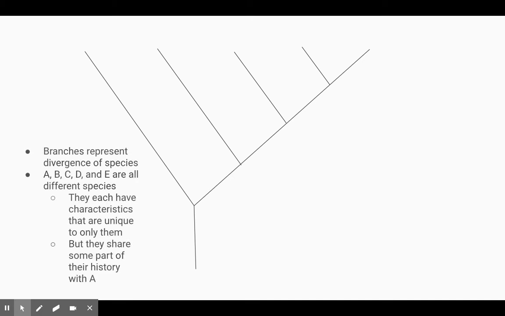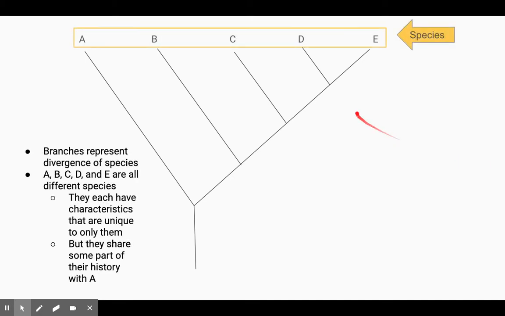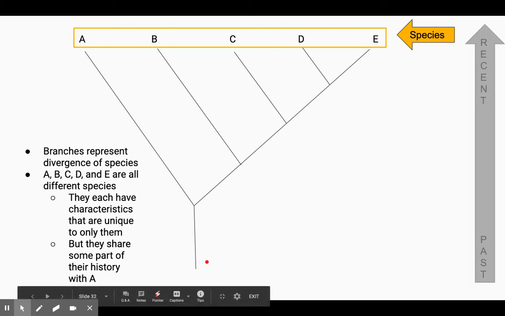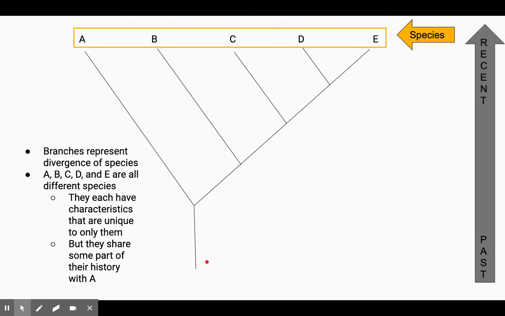So when you're looking at phylogenetic trees, on the sides, we call these branches. And branches represent the divergence of a species. So these up here, A, B, C, D, and E, are all different species. They have characteristics that are unique to only them, and they share some type of history with each other, with letter A, and with their common ancestor.